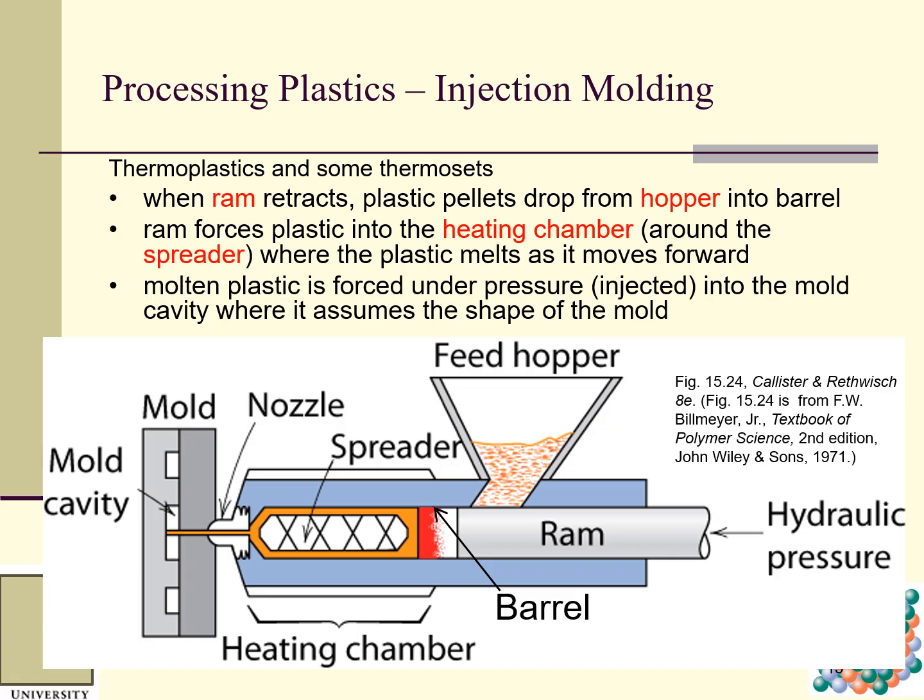This is a spreader, where the plastic melts as it moves forward because of heat. So molten plastic is forced under pressure, injected, into the mold cavity where it assumes the shape of the mold. This is a nozzle. This is a feed hopper. These are pellets, small pieces of polymer. This is hydraulic pressure, barrel, and heating chamber.